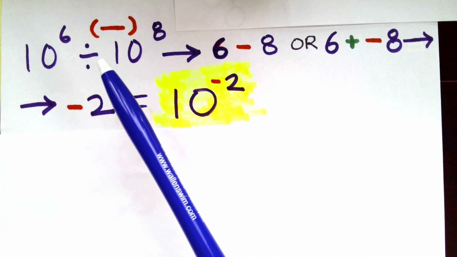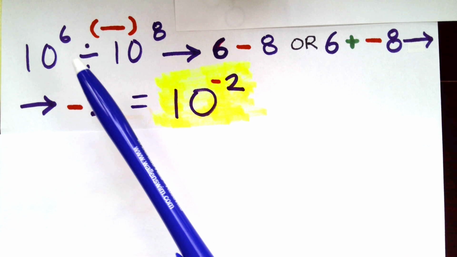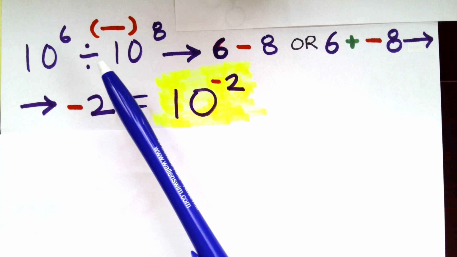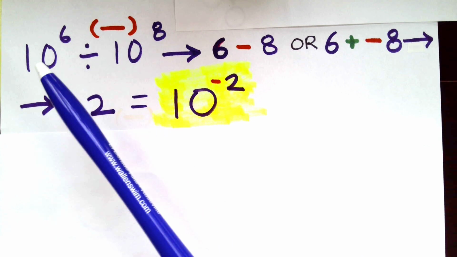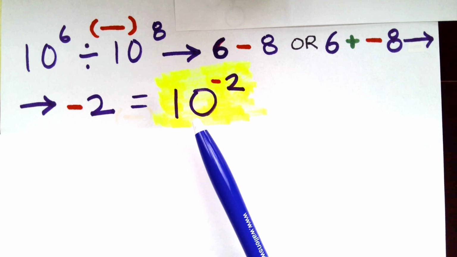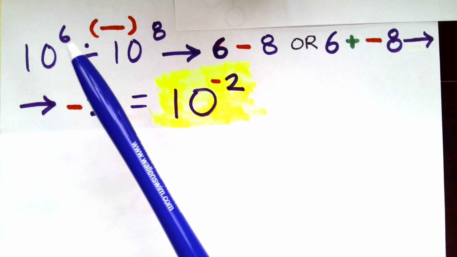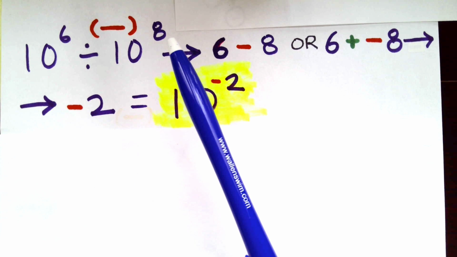And remember, when we multiplied, we would add those exponents. So when you divide, it's the opposite. You're going to subtract. The base is the same, it stays the same in your answer. That's a base 10. 6 minus 8.